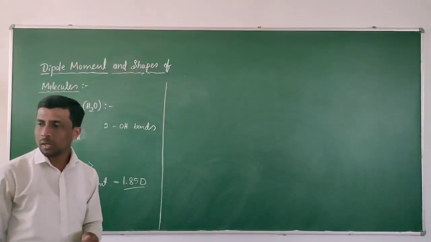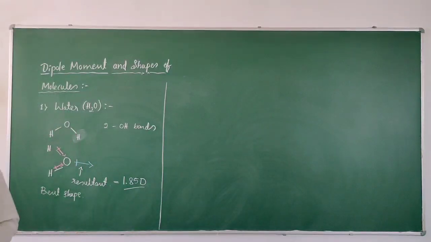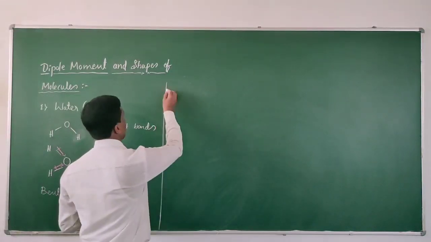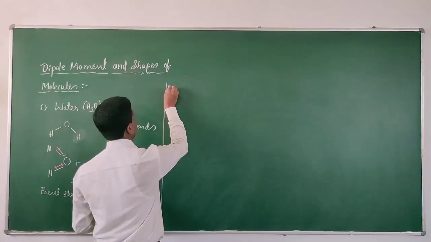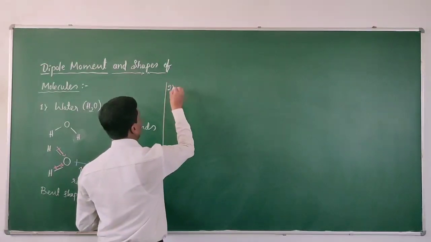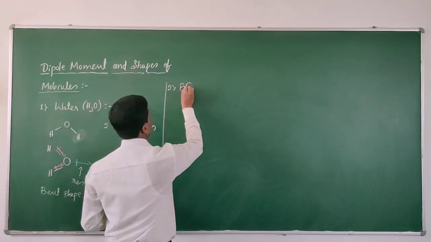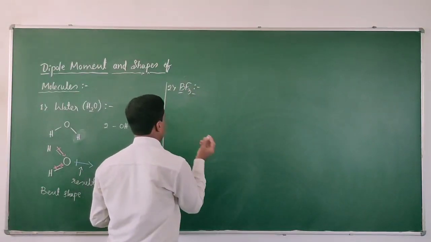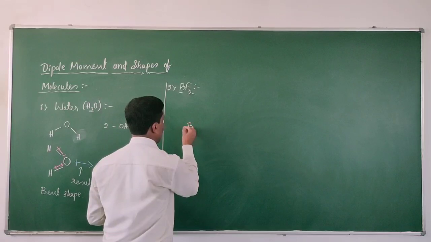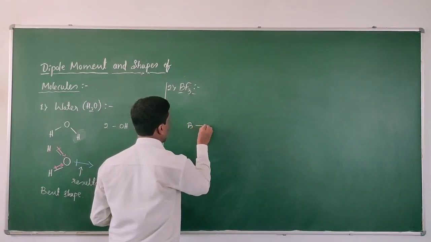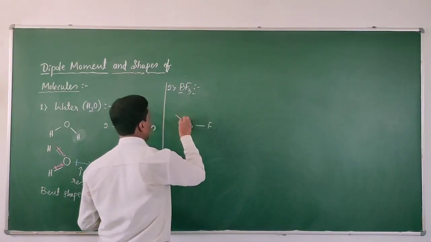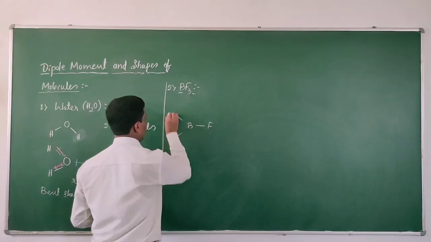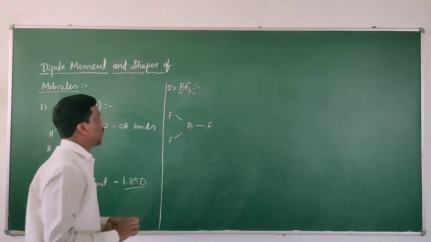Let us consider boron trifluoride. The next molecule is boron trifluoride, BF3. First of all, draw the structure. Fluorine.